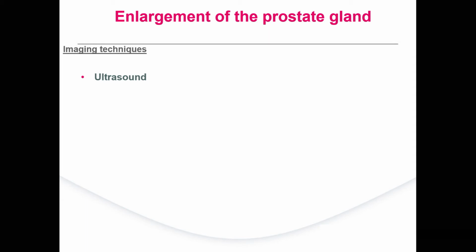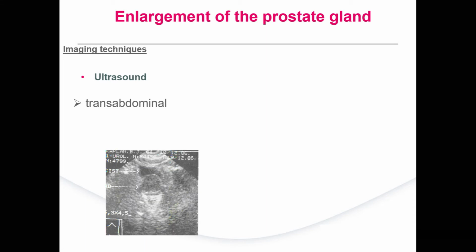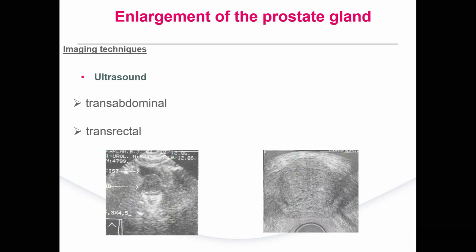The assessment of prostate gland enlargement also involves the size, contours and anatomical position of the BPH by ultrasound, transabdominal and transrectal. We can easily see the prostate gland with enlarged size and signs of BPH by the transabdominal investigation.